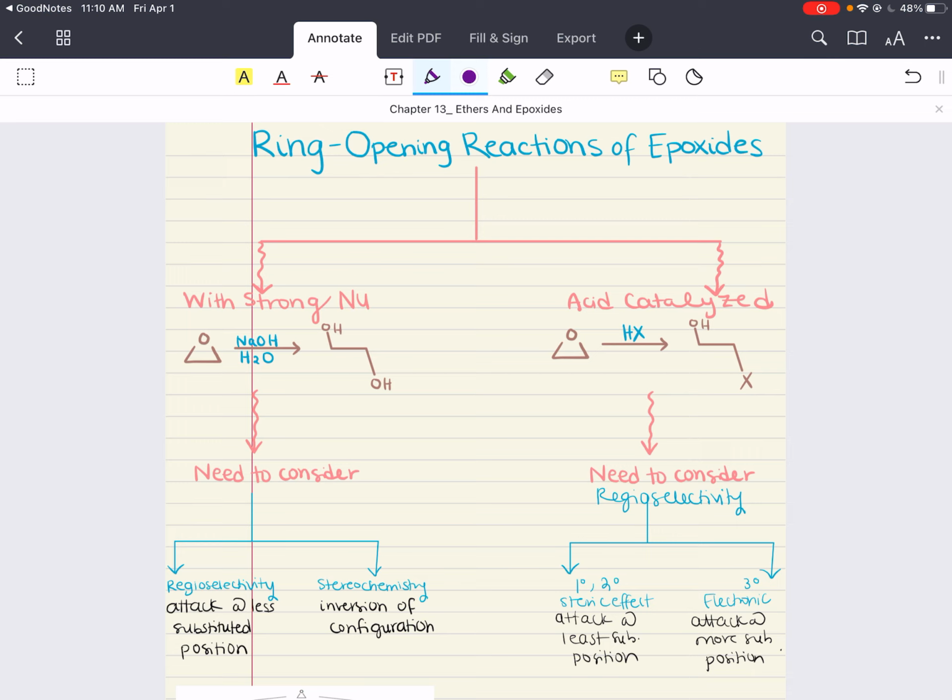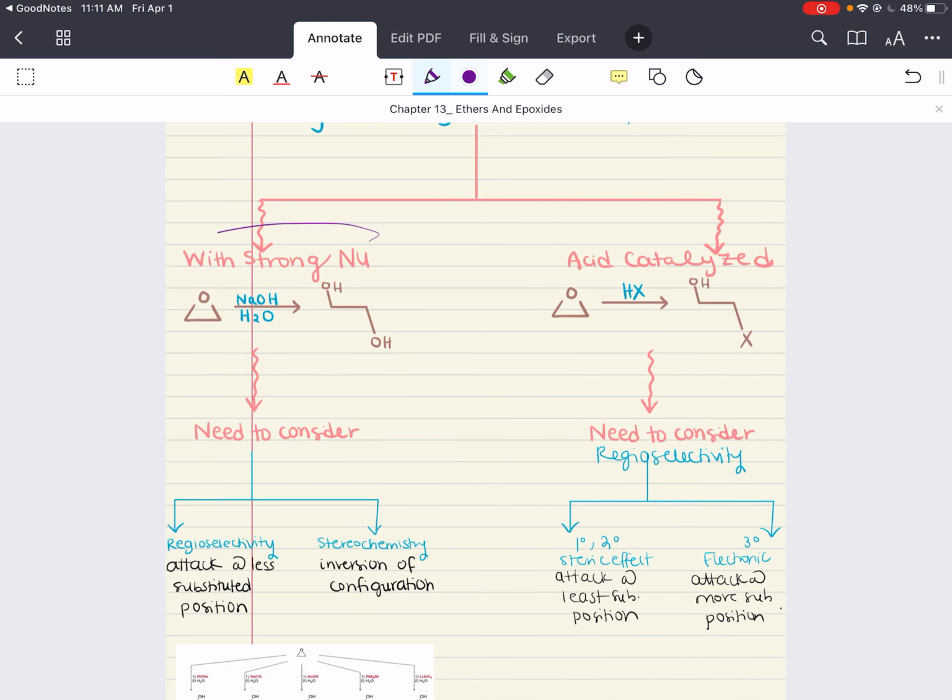And so as a result of that strain, they're going to be uniquely reactive. And they're going to undergo reactions that will allow the ring to open, which alleviates that strain. So when we're talking about ring opening reactions of epoxides, this is the basis of this conversation.